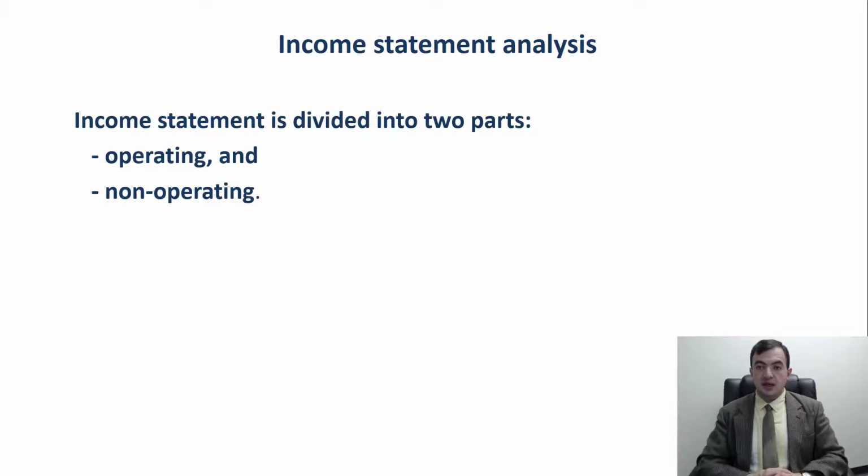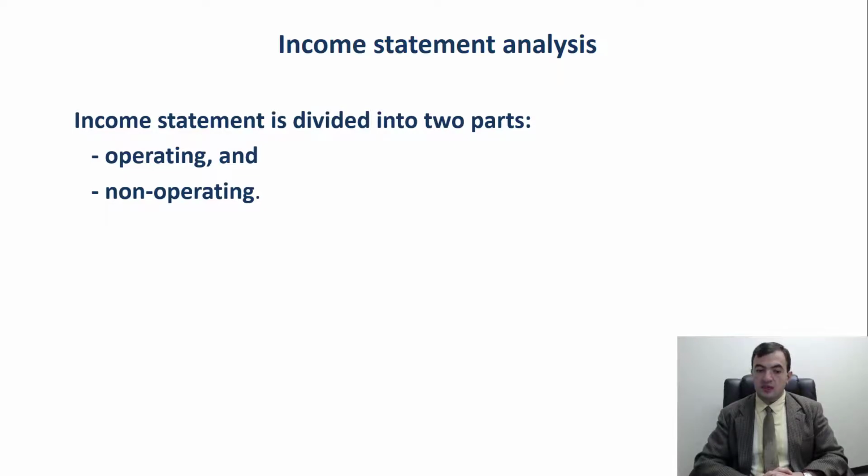So a company can have revenues from its main activities, which will be considered as operating revenue, or it can have some investments, or it can make some money from its financial activities or some other non-operating activities. So the revenue will be considered as non-operating revenue. And also costs can be dedicated to operating activities and also to non-operating activities.